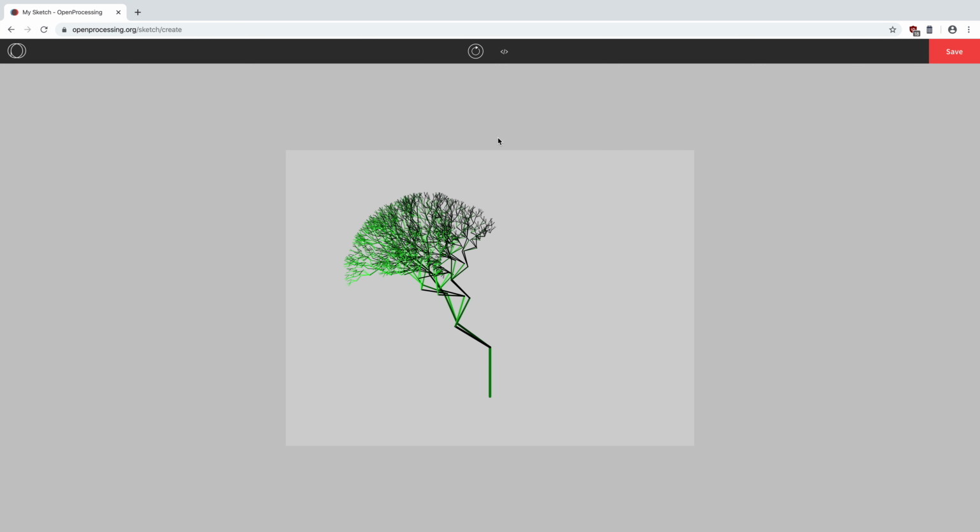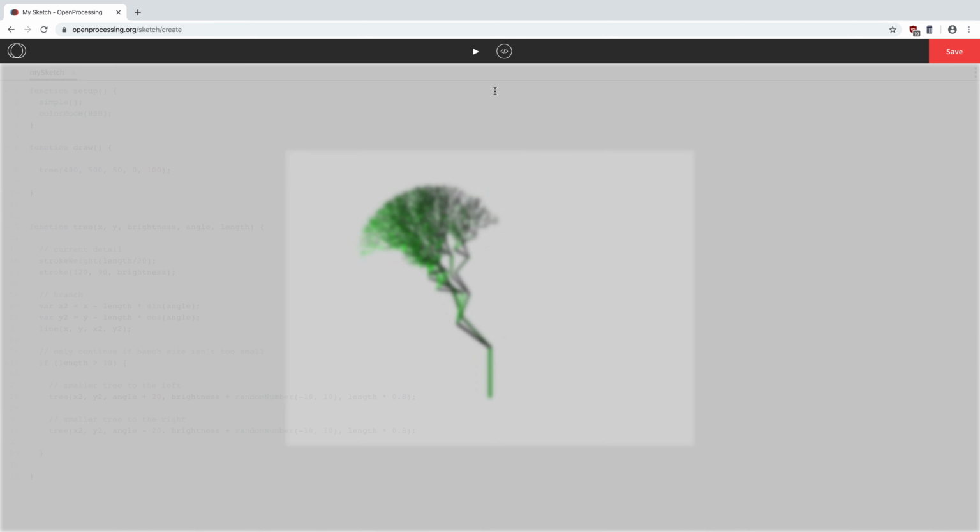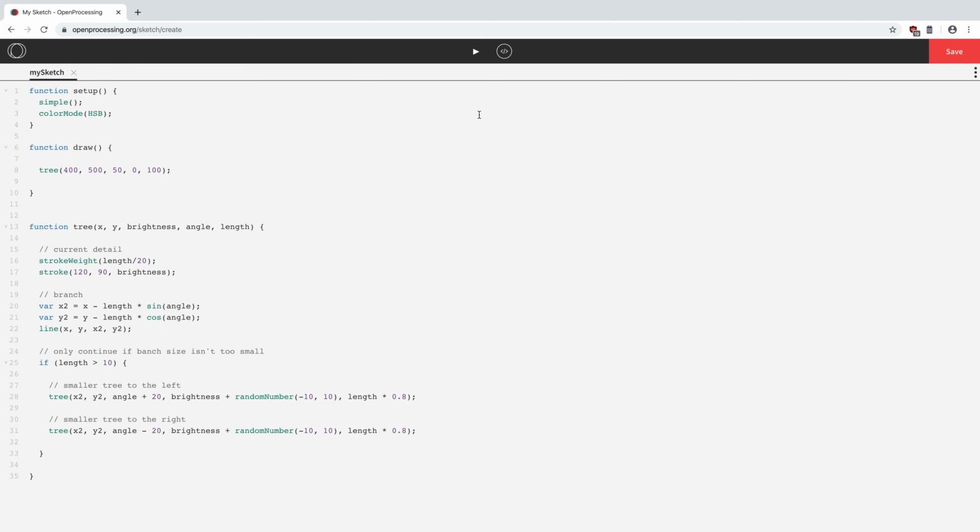Oh, that's interesting. So yeah, there's lighter and darker. Oh, is that what I wanted? Let's run the code again. I made a mistake somewhere. Yes, I have. I put the angle in the wrong place.